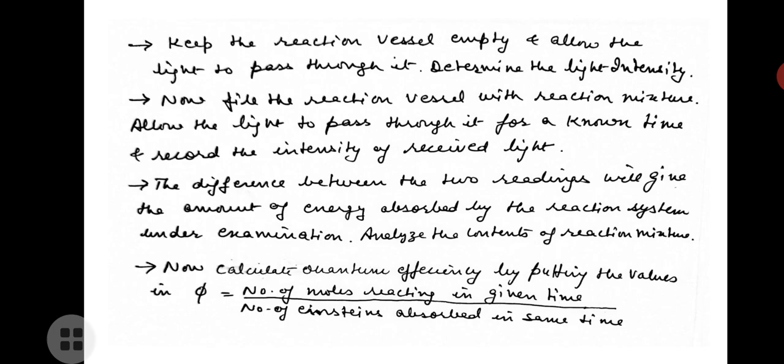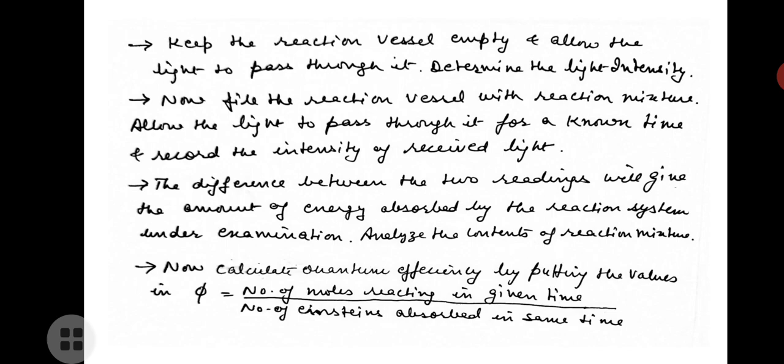Now first keep the reaction vessel empty and allow the light to pass through it. Determine the light intensity. In case of solution, follow the procedure by filling the reaction cell with solvent.